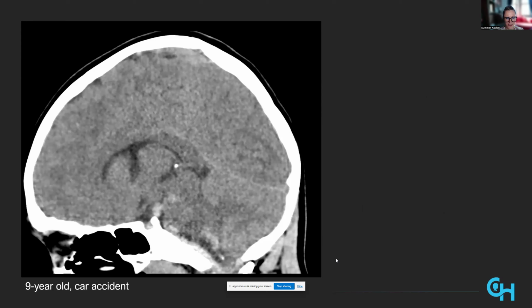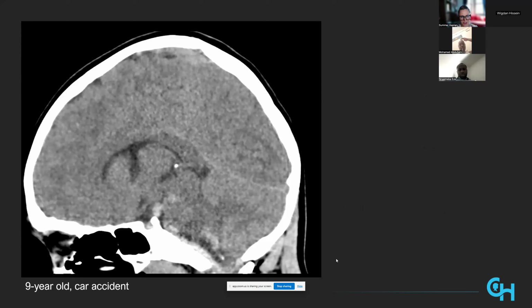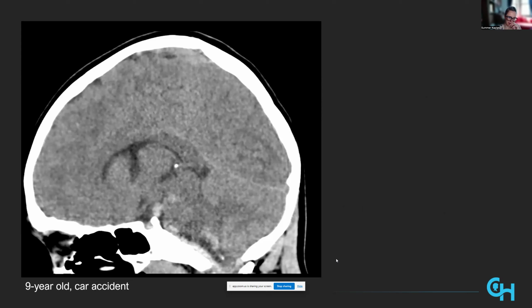It's a little bit trickier than the last case, but I'm showing you a sagittal CT, and we see some hyperattenuation where it shouldn't be down at the skull base. So it's very important to evaluate the foramen magnum and the skull base cisterns, because hemorrhage in that area can be very concerning and very dangerous.